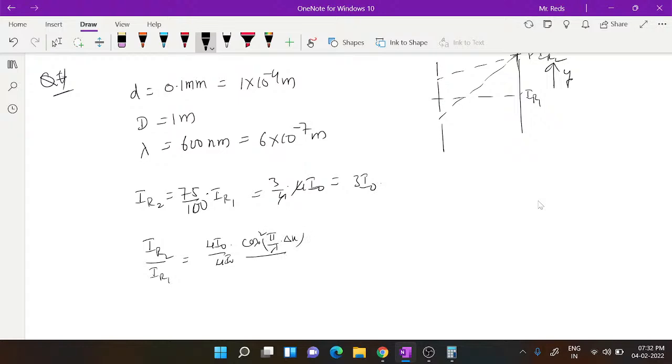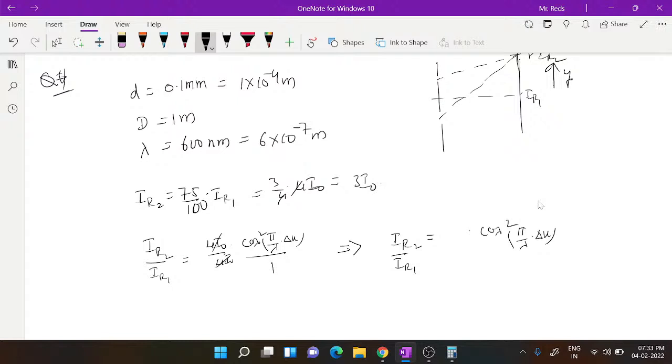For the central fringe the path difference is 0, so this is 1 and it cancels. So IR2 is equal to IR1 into cos square of pi by lambda into delta x.